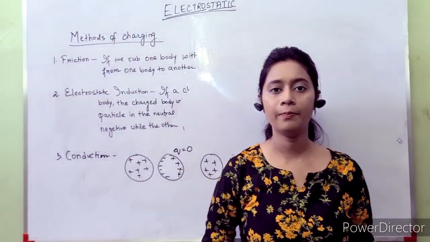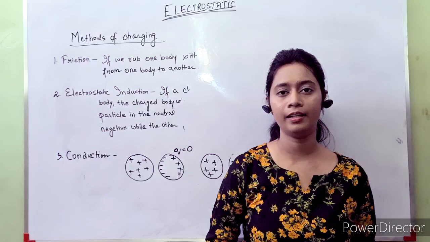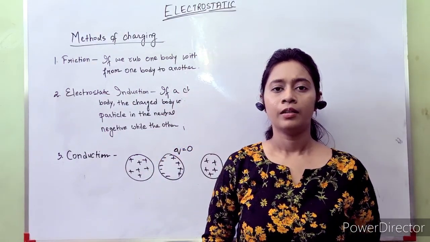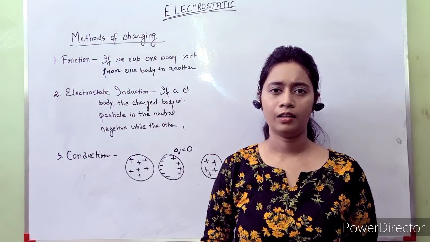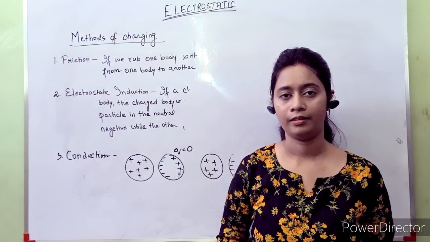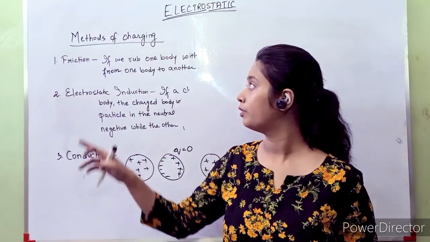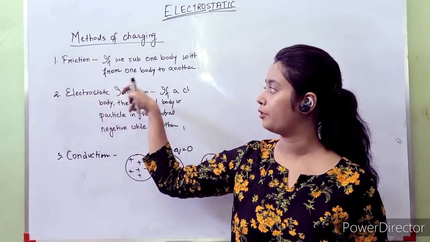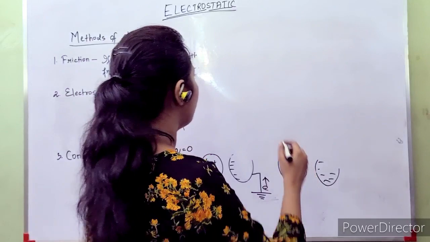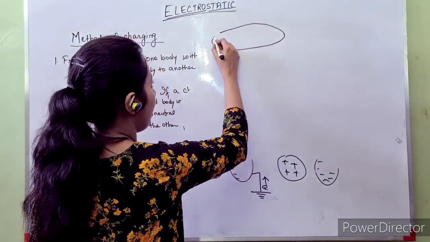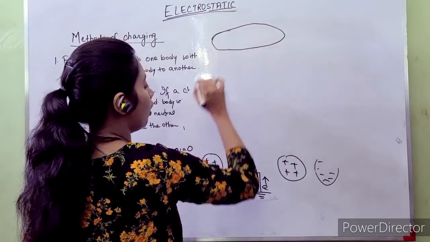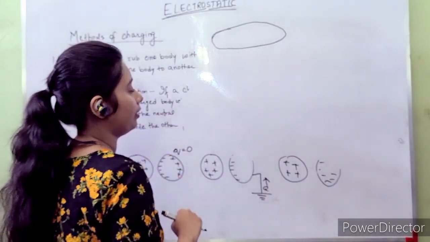Now I can help you link this electrostatic induction with the natural world. With a simple day-to-day experience, you have all observed lightning. Lightning is due to friction and electrostatic induction. I'll explain. Clouds are made up of tiny water molecules or tiny ice particles.